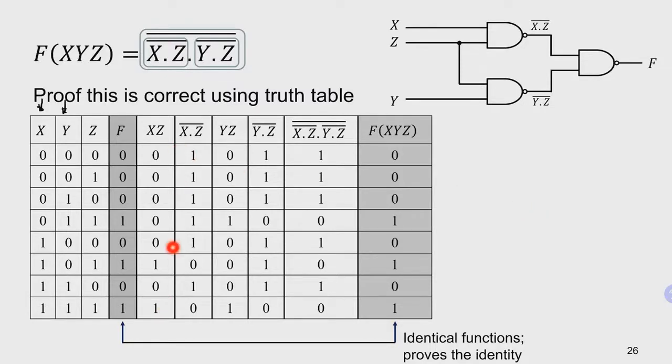Sorry, I'm looking at the wrong columns. So this is X and Z. Only when both columns have a 1 will that give me a 1. So this gives me a 1. This gives me a 1.